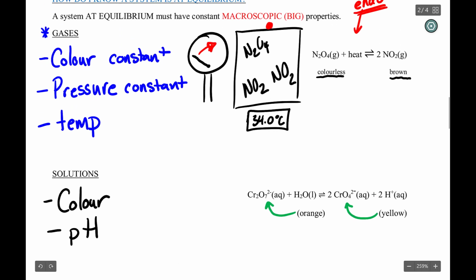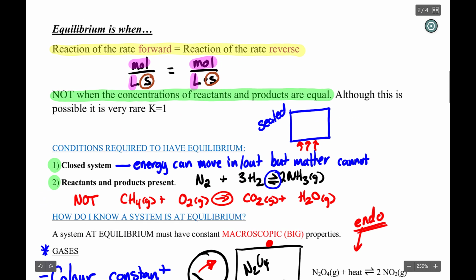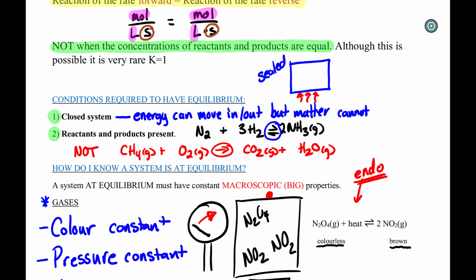So, in summary, equilibrium is when the concentration of the products is constant and the concentration of the reactants is constant, and they are unchanging. The reaction hasn't stopped, it's just at equilibrium.